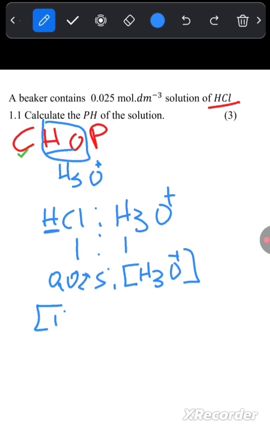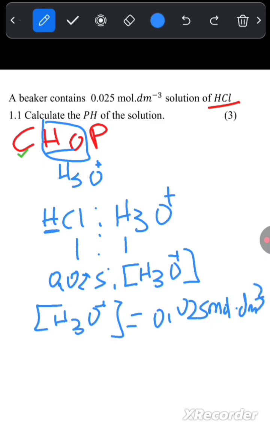So the concentration of hydronium ions is equal to 0.025 mole per cubic decimeter solution. Right, now I got the concentration of hydronium ions. Now I have to find pH.